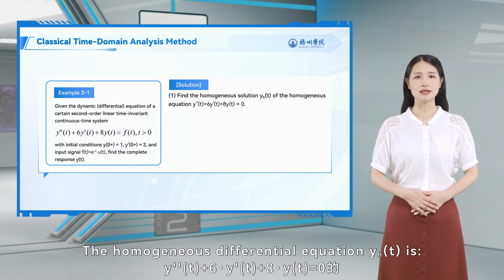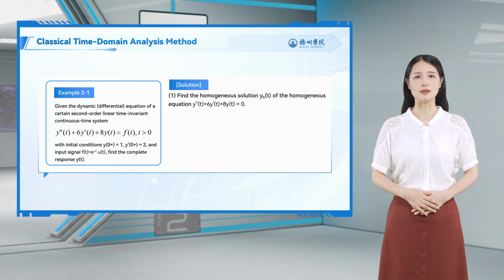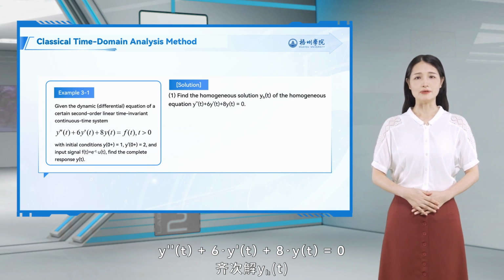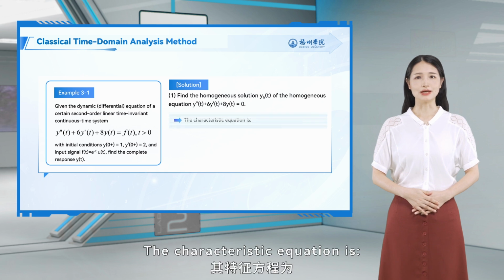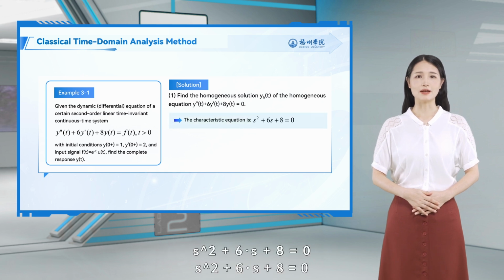The homogeneous differential equation is y_h''(t) + 6y_h'(t) + 8y_h(t) = 0. The characteristic equation is s² + 6s + 8 = 0.